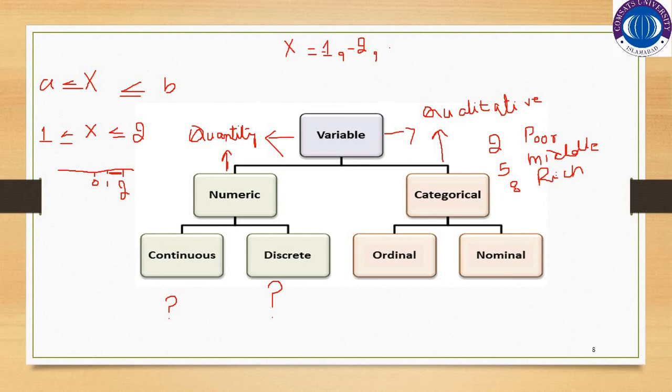Whenever the number 5 occurs, the selected person is middle class. And whenever the number 8 comes, it is understandable that the selected person is rich. So this is basically the nominal data. You are simply naming the qualities, poor, rich, or middle class.